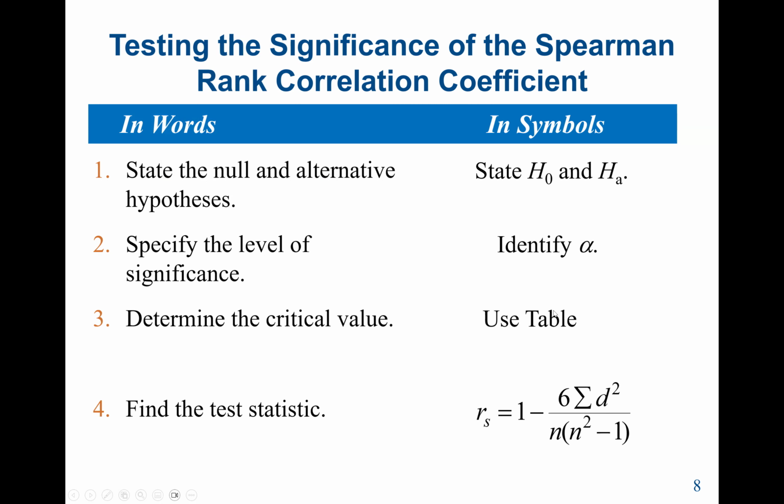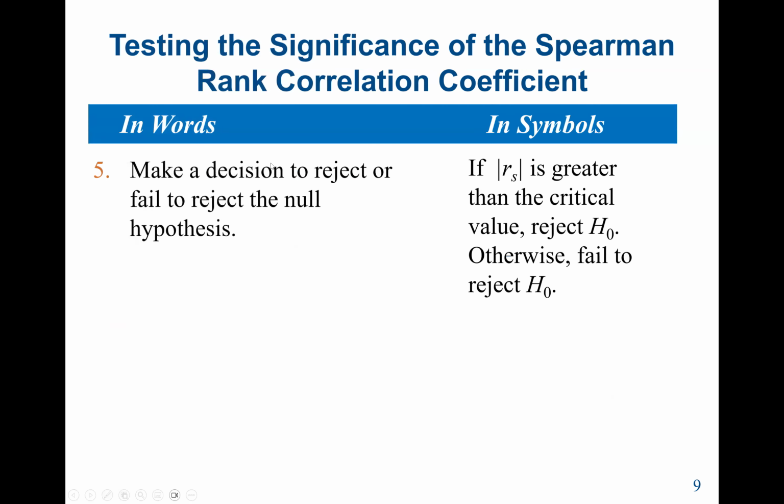If we know the critical value, we can find the test statistic, which is the formula we were talking about. Now, if we know the critical value and also the test statistic, then we can make our decision whether we should reject or fail to reject H0.